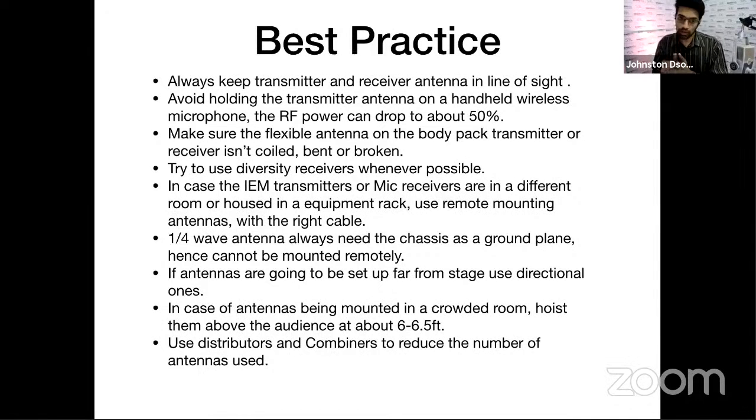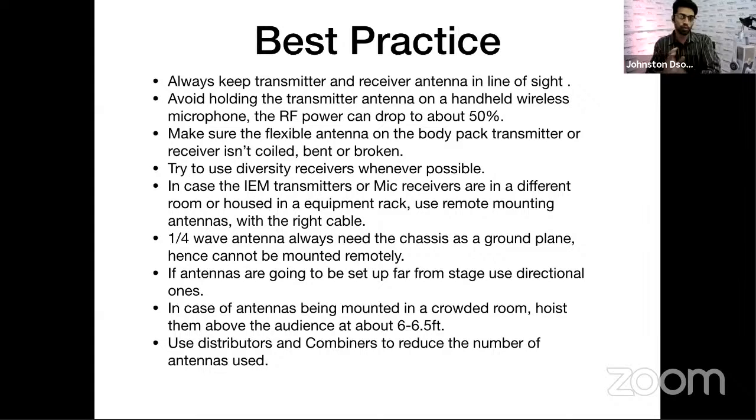In that case, what I would suggest is you get an antenna splitter, the passive one that I showed you, and you install 2 antennas and use the splitter as a combiner, and then put it into your receiver. So you can place one antenna at one end of the room and the other antenna at the other end of the room, so you basically make a sort of a diversity system that way. That would be the best way to go around it.